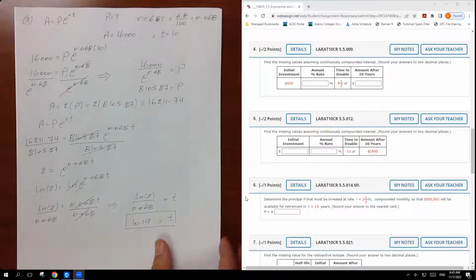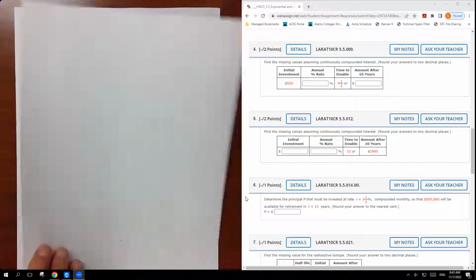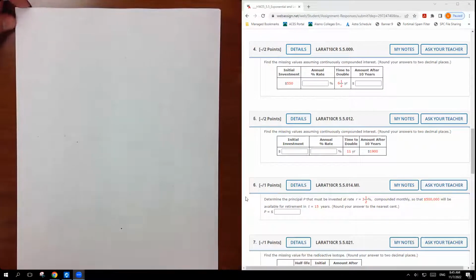We can do exactly the same thing. Let's check what we have. So example 4, find the missing value. We have the initial investment, but before that, I'm going to check it's continuously compounded.